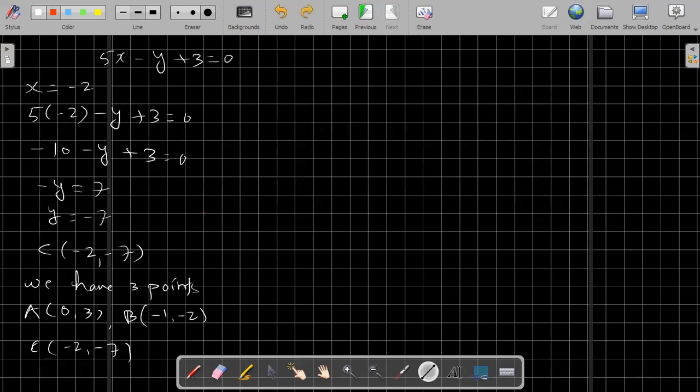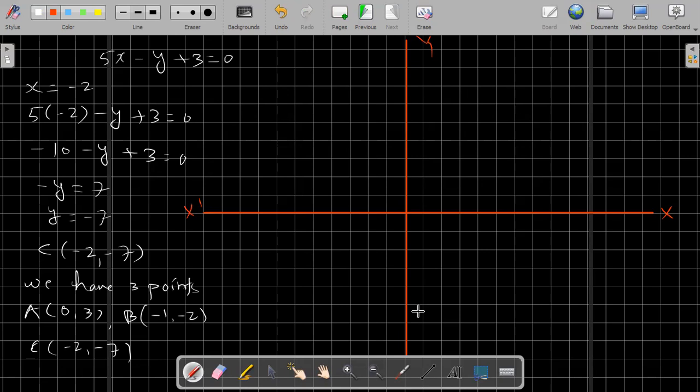As we have negative values, we will take the axes at the middle, like this. This is your x-axis, and this is your y-axis. Correct.